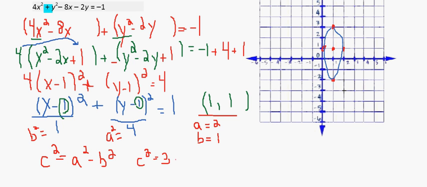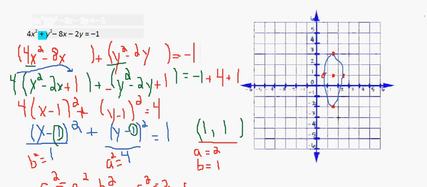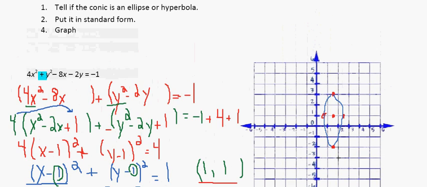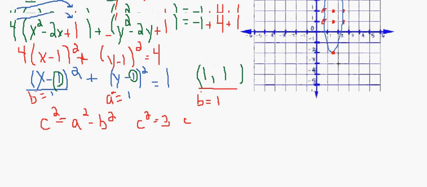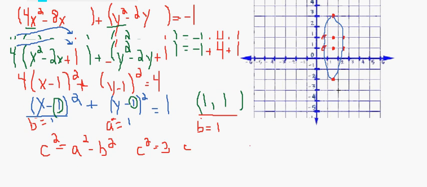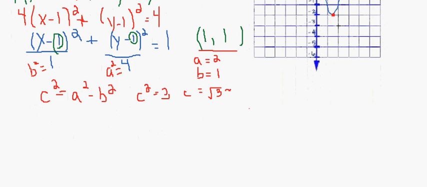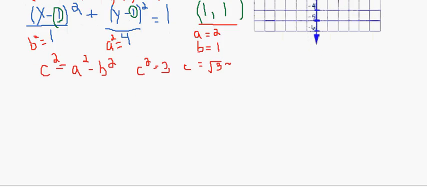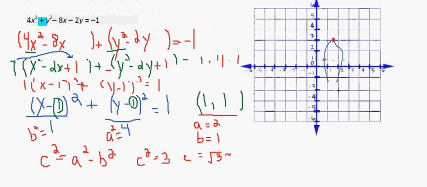So c is the square root of 3, which we know we need a decimal approximation of to put it on our graph. So the square root of 3 is approximately 1.7.